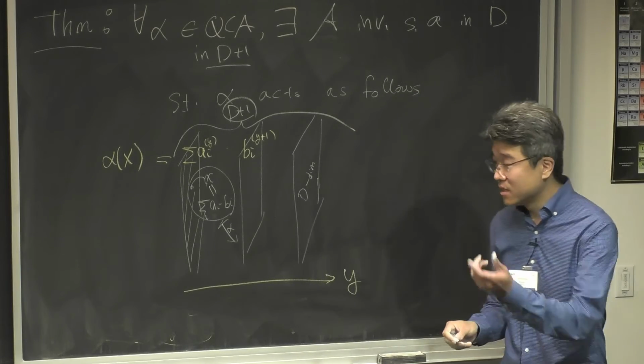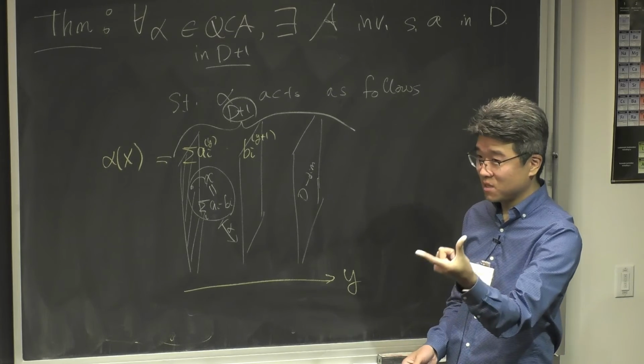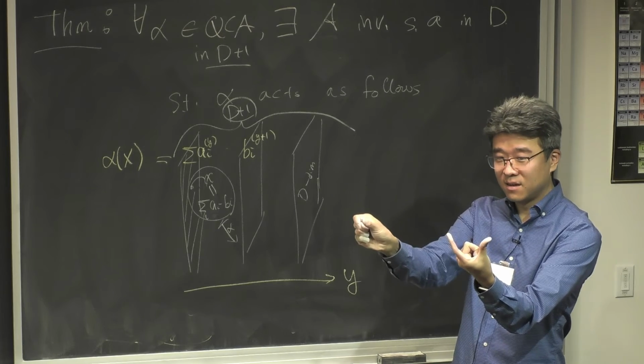So the procedure is you give me an operator living on a sheet, you decompose according to the definition of invertible subalgebra, and you toast one piece to the next layer.